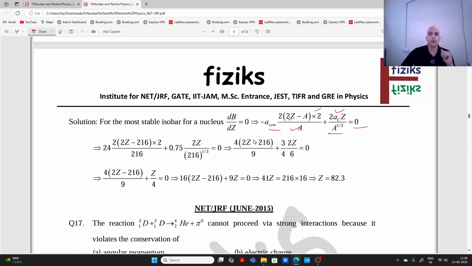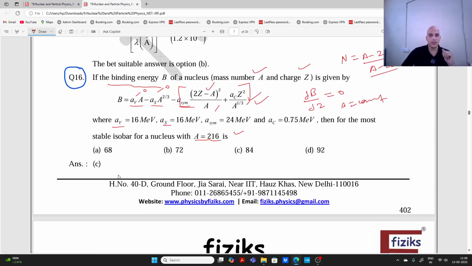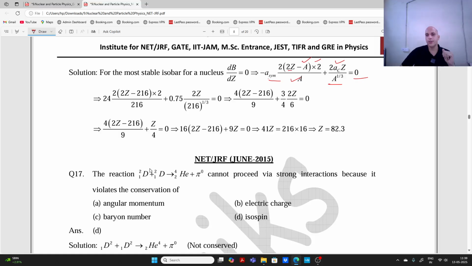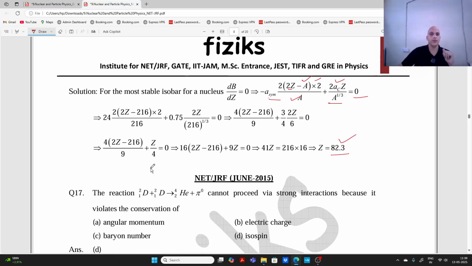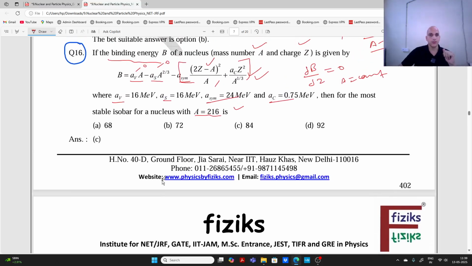So the next thing is to put the value of A, and the values of the symmetry energy term and Coulomb energy term. These are given here. So you can put them in and simplify this, and you will find the value 82.3. This is the value of Z for the most stable isobar.